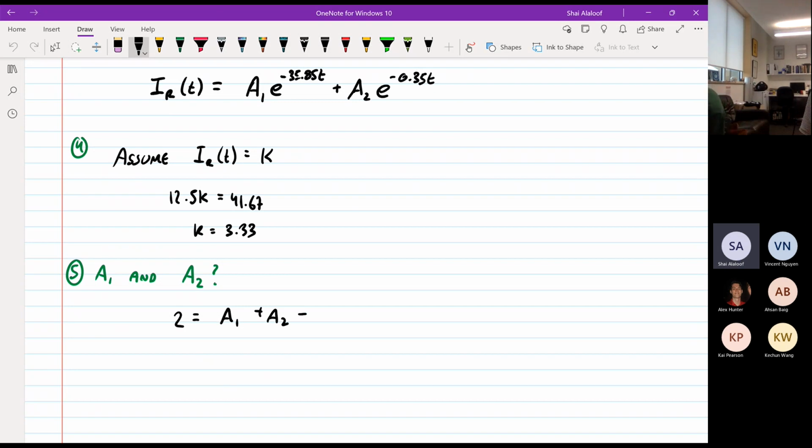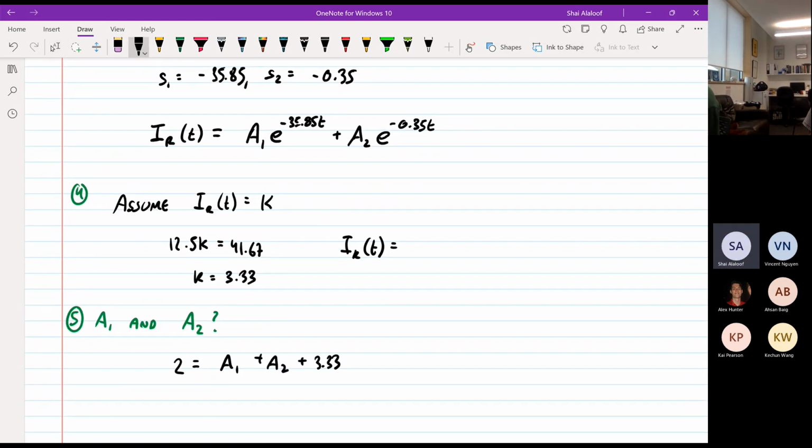Oh, plus 3.33, right? Because our total equation is a combination of the homogeneous equation and the forced response. So 3.33 plus this thing: A1 e to the minus 35.85t plus A2 e to the minus 0.35t.